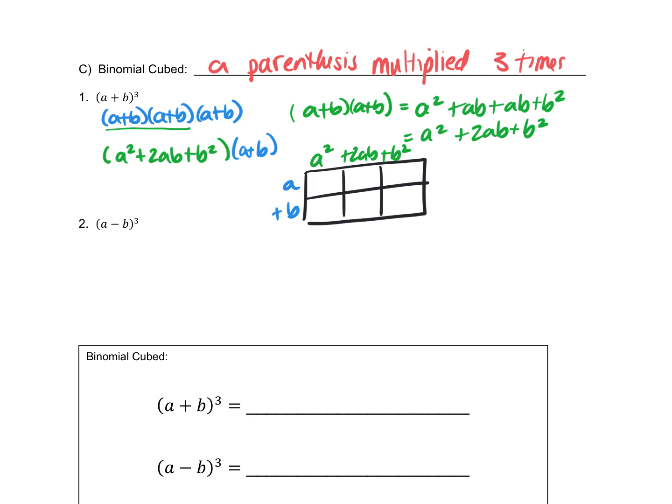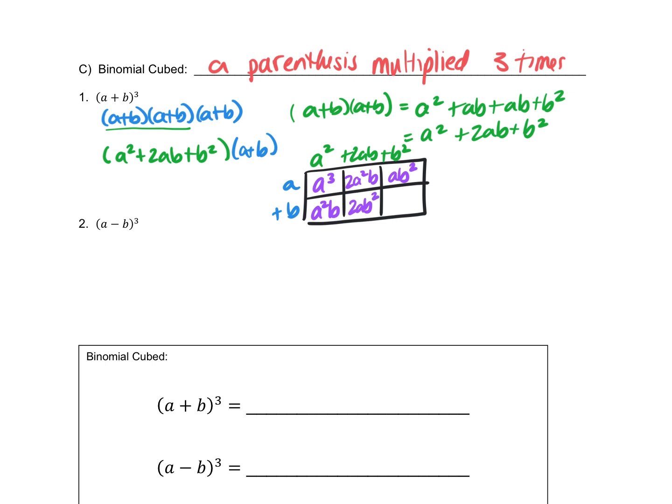And now I'm going to multiply, remember each one. So A squared times A is A to the 3rd. 2AB is 2A squared B. AB squared is the next one, so AB squared, or B squared times A, it's the same thing. A squared times B. 2AB times B is going to be 2AB squared.